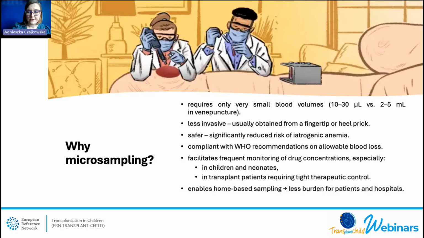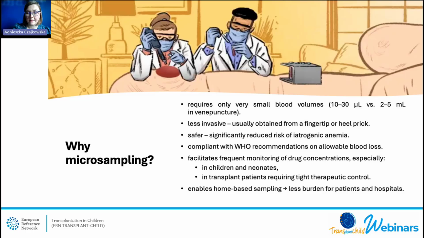An alternative to conventional blood draw is microsampling, and according to the definition, a microsample is any blood sample of less than 50 microliters. In practice, it means that instead of milliliters of blood, we take only 2 or 3 drops. Such samples are most often collected from the fingertip, or in newborns from the heel.